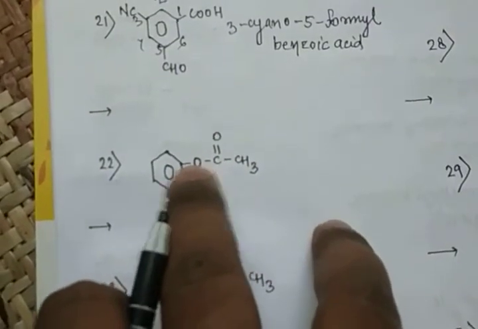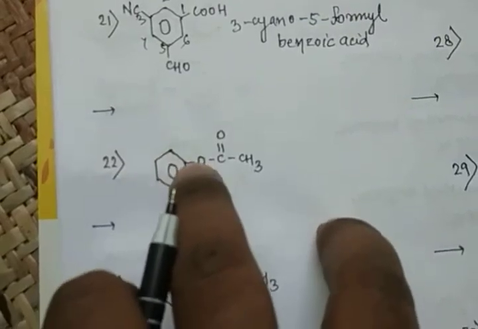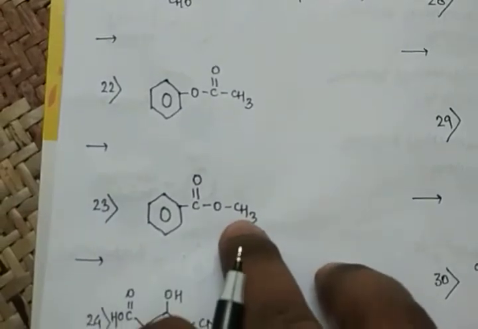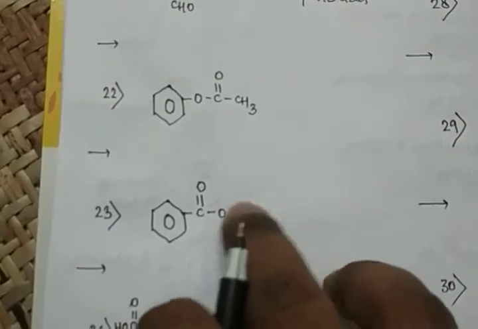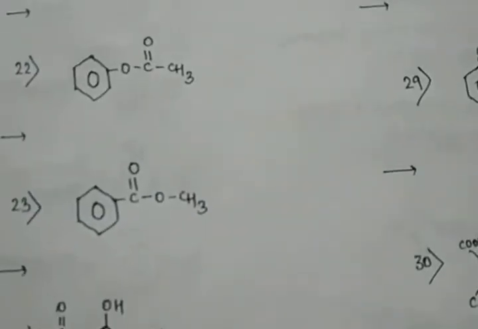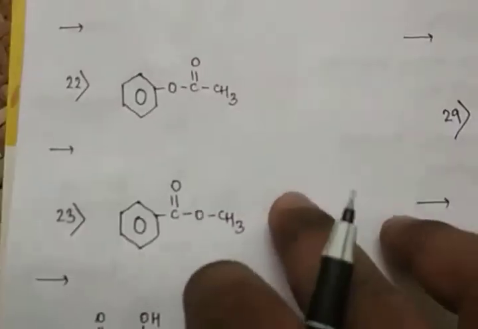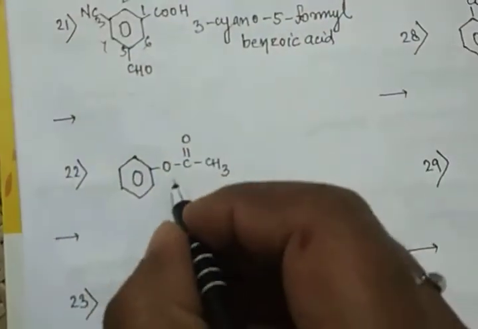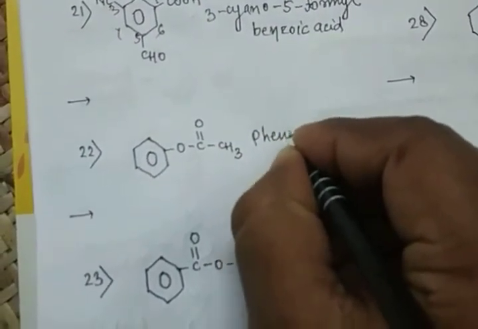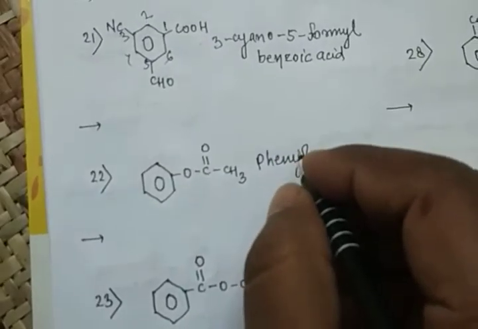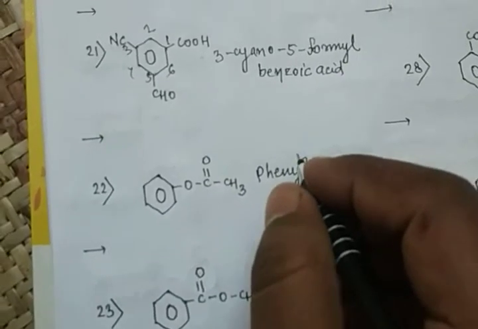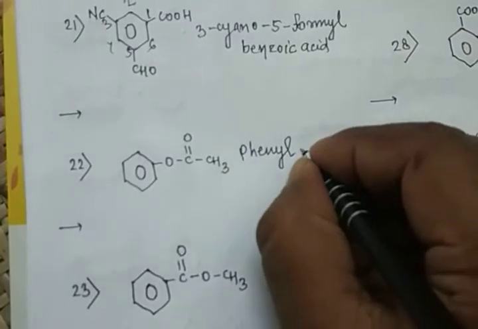The same ring attached with OCOCH3. You know very well O is attached with this ring. So this is phenyl group. Suppose O attached with CH3, this is methyl group. So COCH3 group is an ester group. O attached with this ring, so this is phenyl, and there are 2 carbons, it means ethanoate.